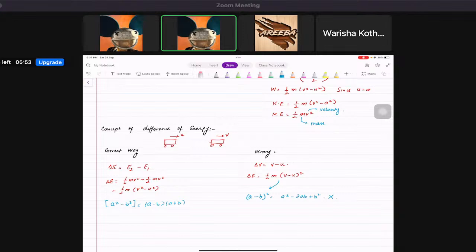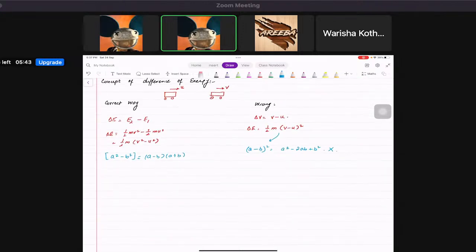So now, there's also a relationship of momentum and kinetic energy. So let's do that, the relationship of momentum and kinetic energy, and then we're going to solve a question to see what happens.